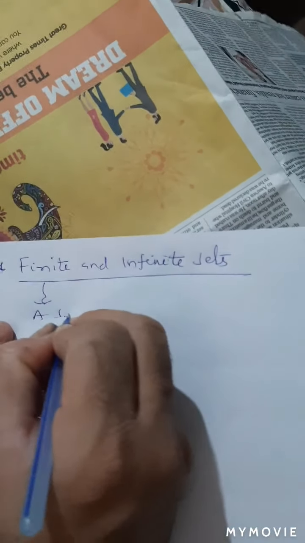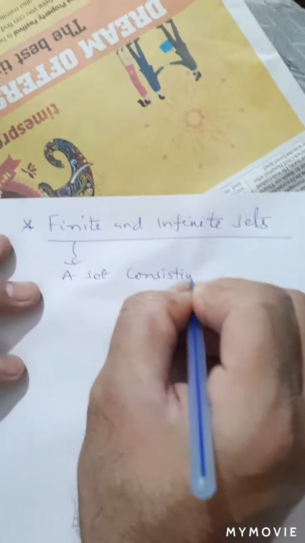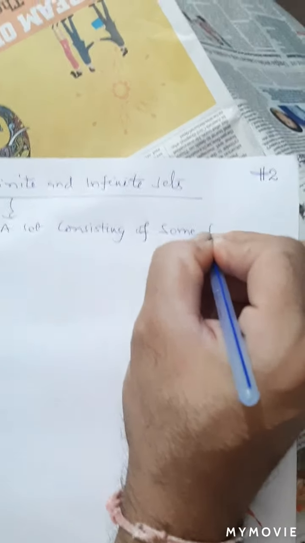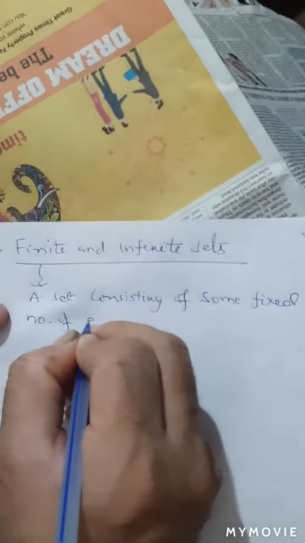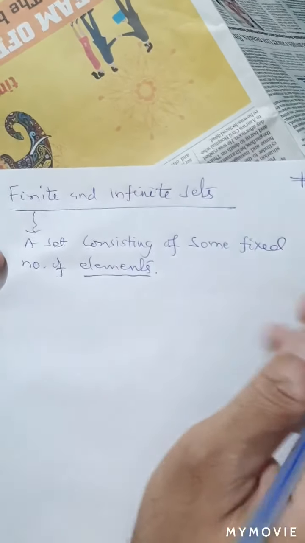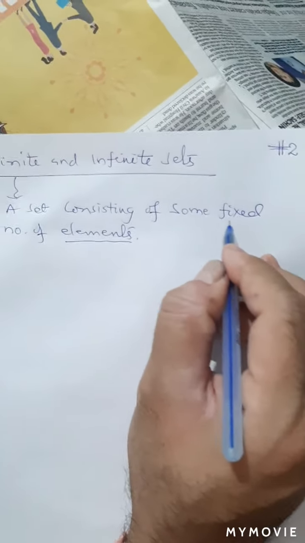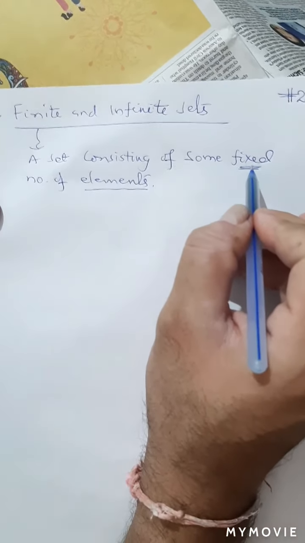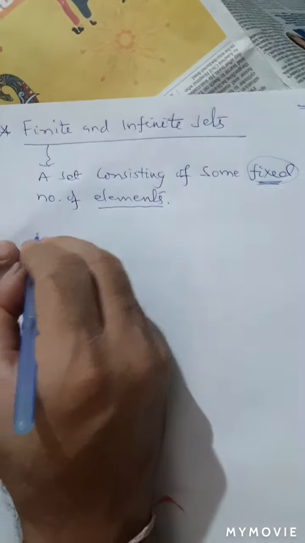That is a set consisting of some fixed number of elements. Finite does not mean small, remember. It should have some countable number of elements. If you can count the elements of a set, then it is called finite. It should end somewhere.